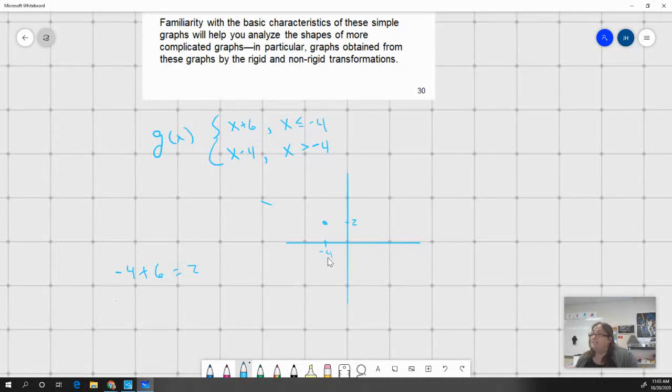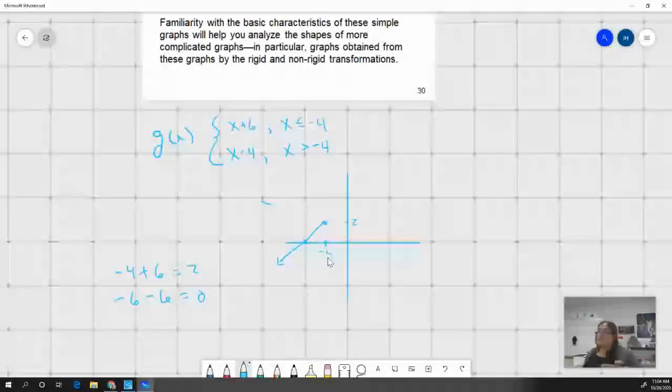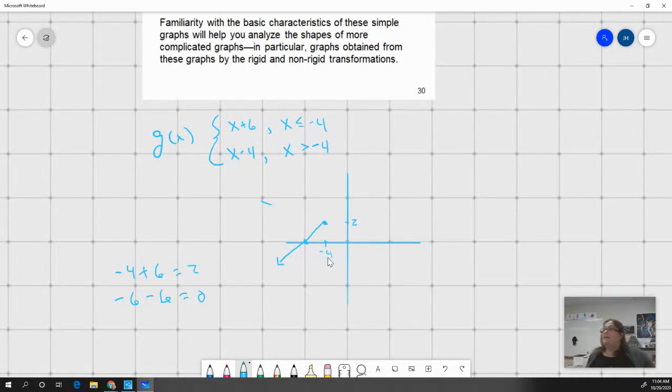Let's look at what's less than that. Let's look at -6 plus 6 equals 0. We're going to have another point here at 0, and it's just going to follow that pattern. It's going to graph down that way. Following that same process, at anything greater than -4, we're going to use the other equation.